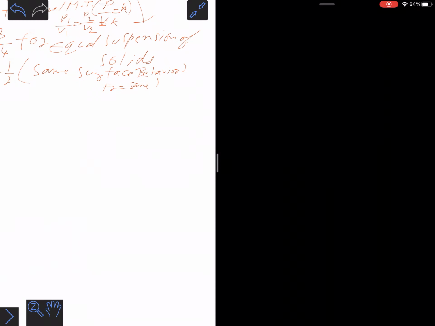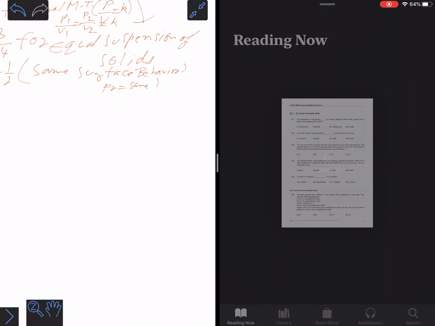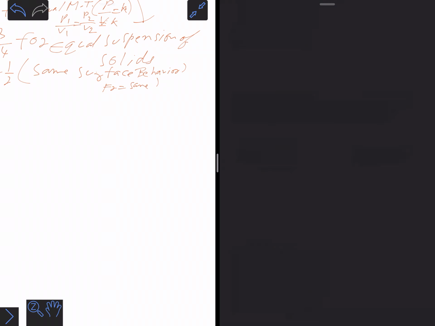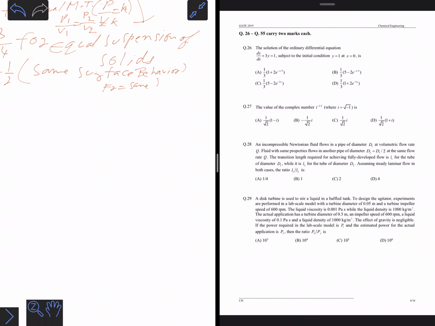This is the GATE 19 chemical engineering paper, and you can see this question right here, question 29. The question reads: a disk turbine is used to stir a liquid in a baffled tank. To design the agitator, experiments are performed in a lab scale model with a turbine diameter of 0.05 meter and impeller speed of 600 rpm.